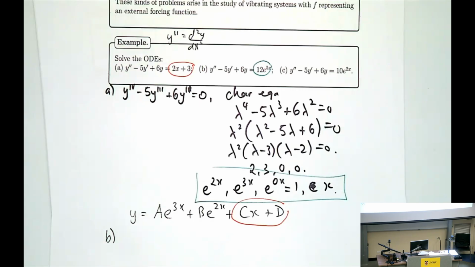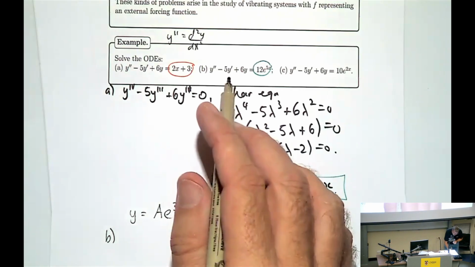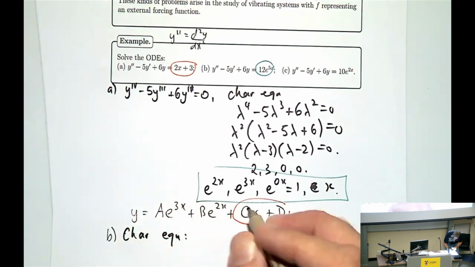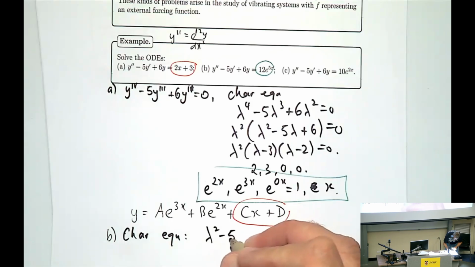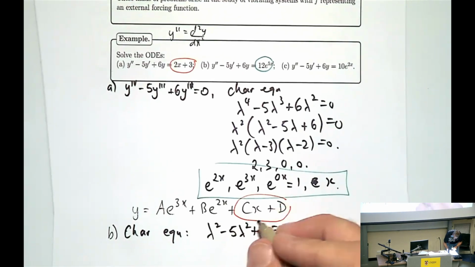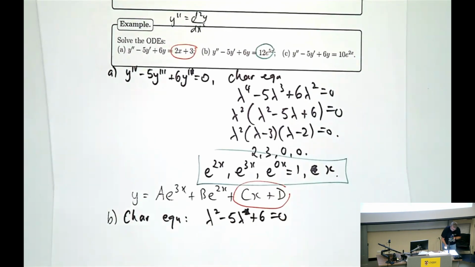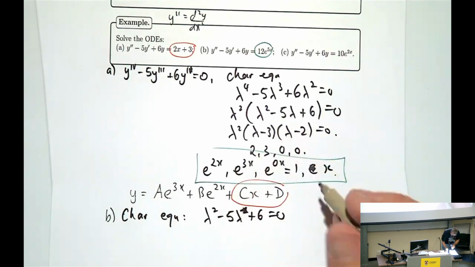So what do we do with this one? Let's go back to first year. The characteristic equation is lambda squared minus 5 lambda plus 6. You can factor that, of course, and get the same thing as up here.